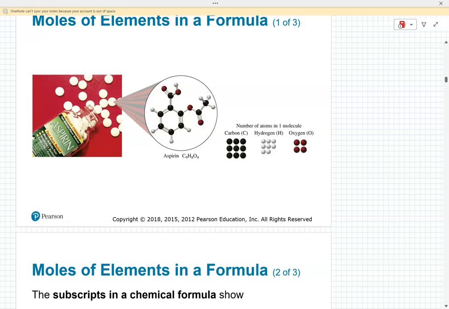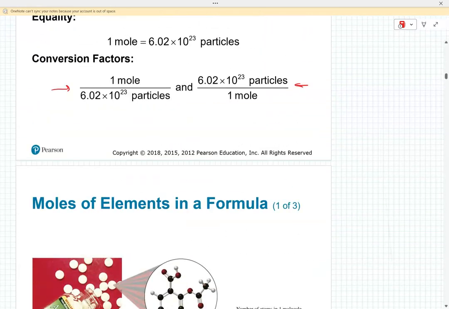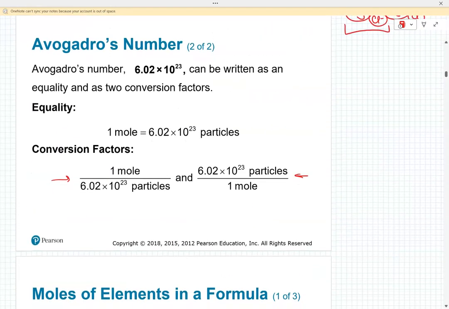I can absolutely go back up. Okay? And we are going to use these conversion factors to go from the amount, the moles, to mass, grams.